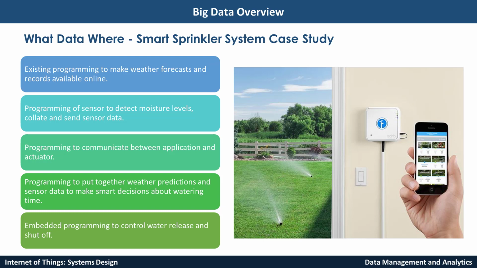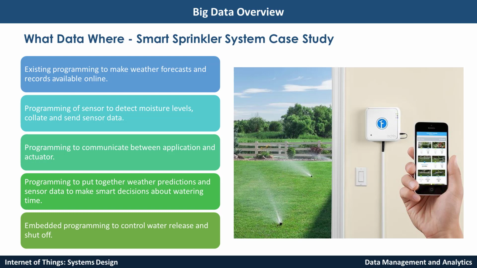Then you need to program either the cloud or the smart home hub, combining the weather predictions as well as the sensor data, to make the decision on when to do the watering. Then you need to do embedded programming to control the water release and shut off.